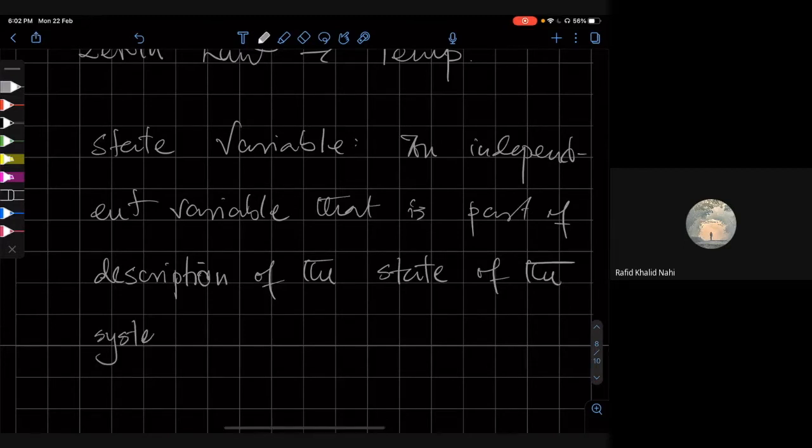So for example, we can choose that to be, for the gas, P and V. There are other variables, say we select T, but that's not independent of P and V.